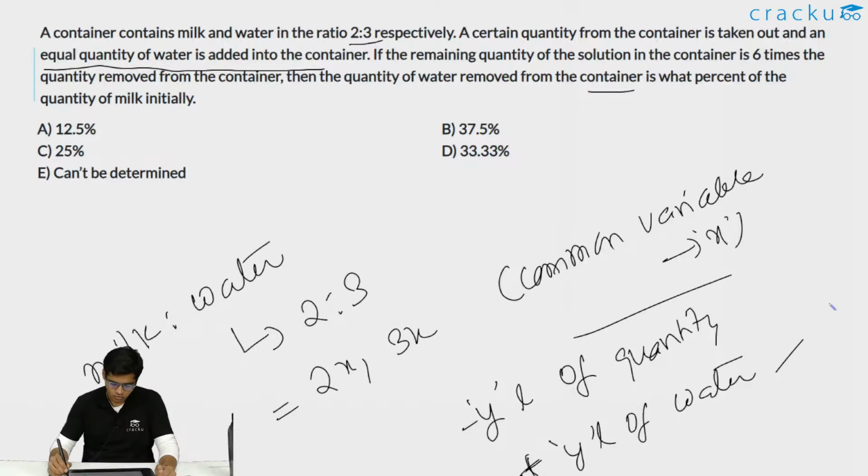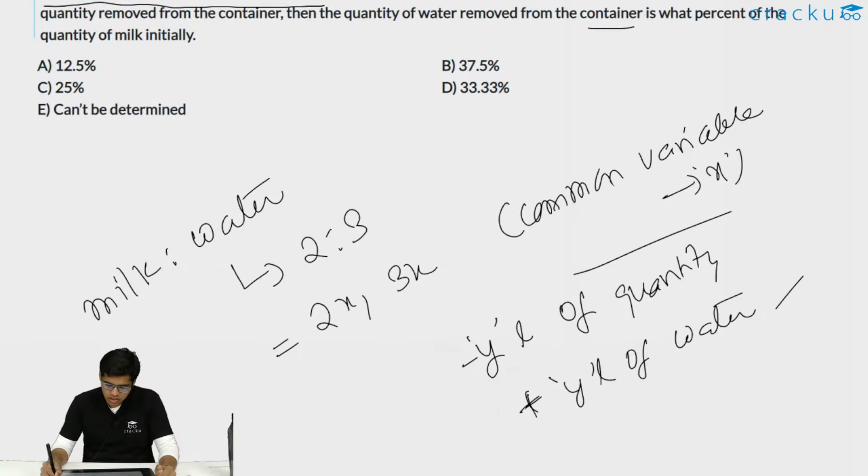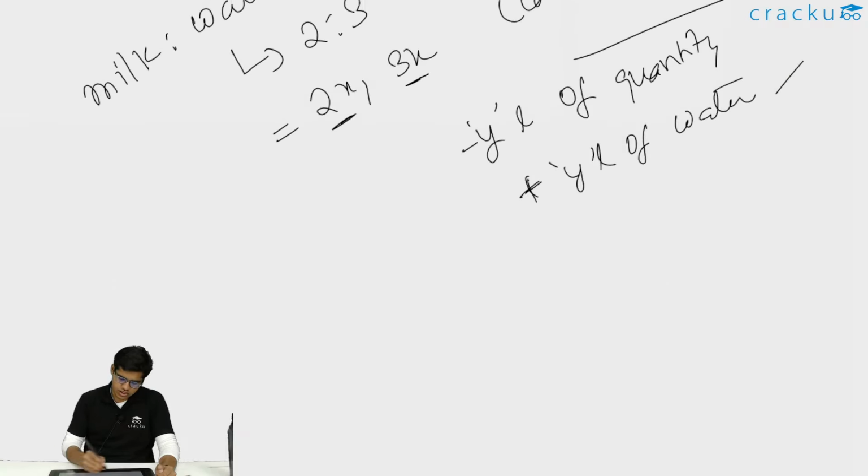Now if the remaining quantity of the solution in the container, initially it was 2x and 3x, so initially total volume was 2x plus 3x equal to 5x.